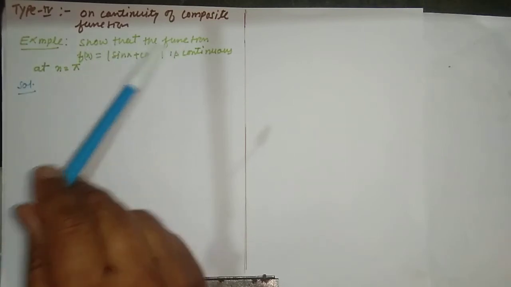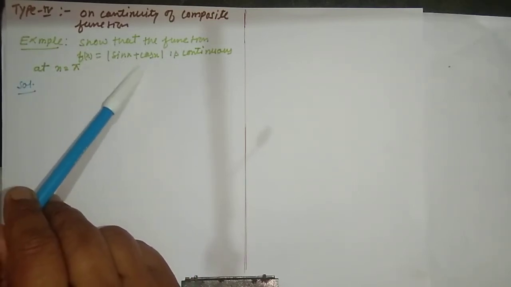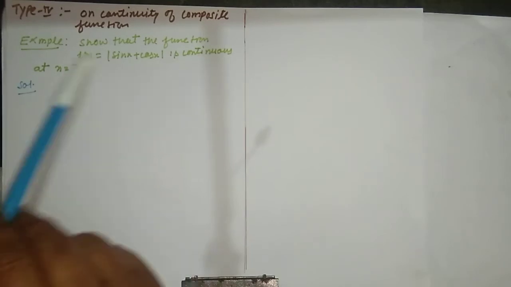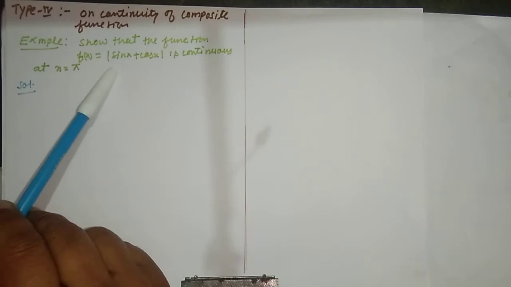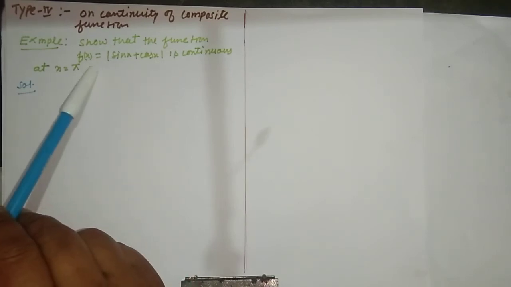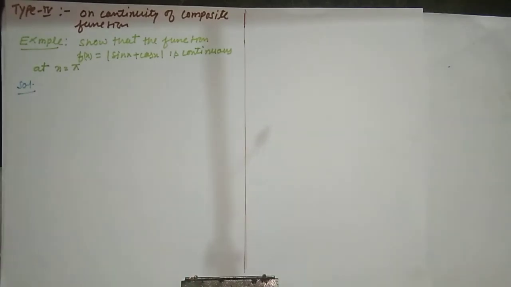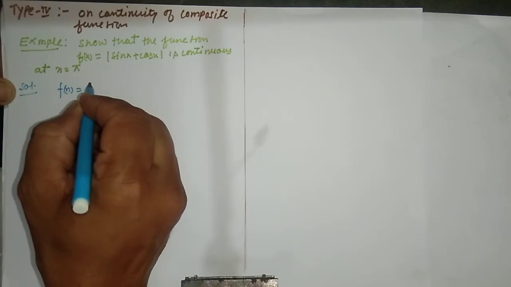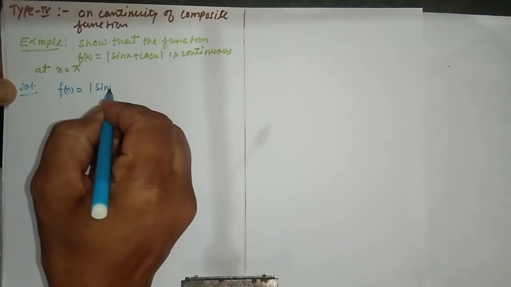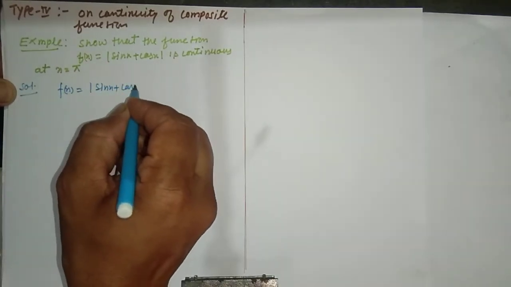So now we have an example. Show that the function f(x) is equal to modulus of sin x plus cos x is continuous at x is equal to pi. So what is given? We have a function f(x) is equal to modulus of sin x plus cos x.